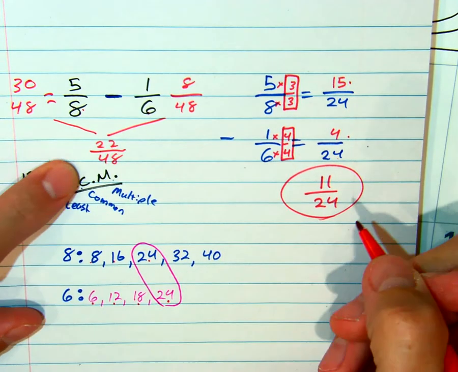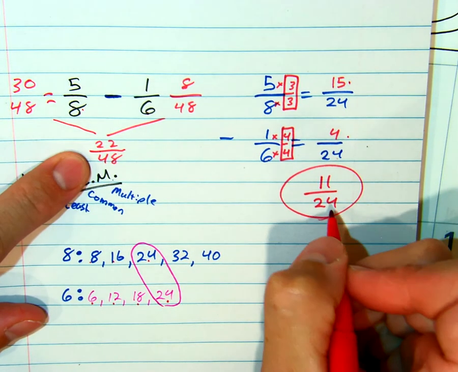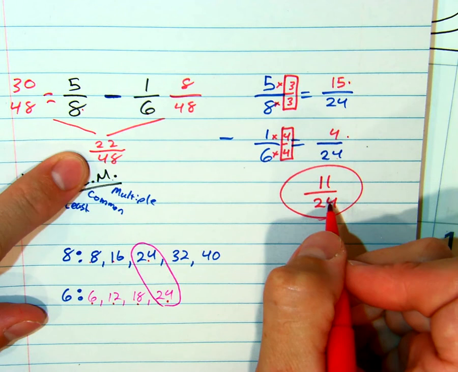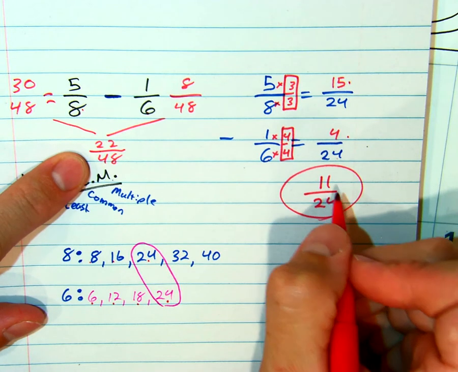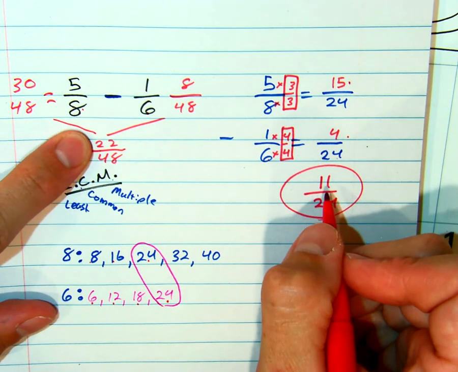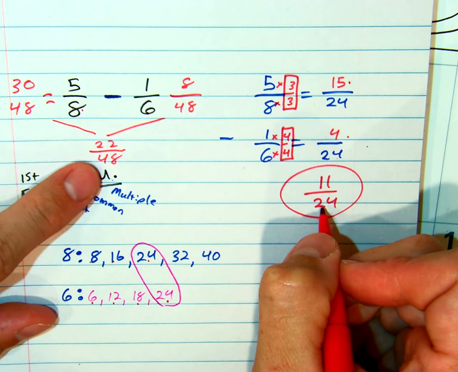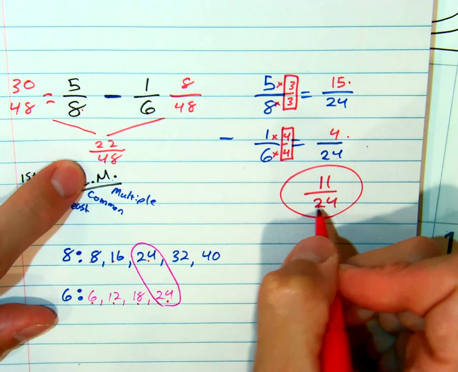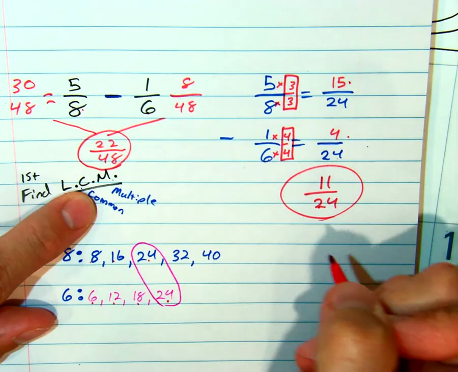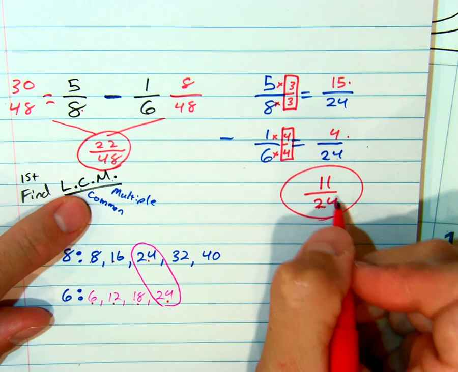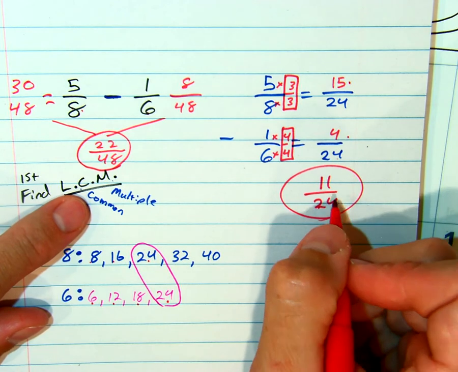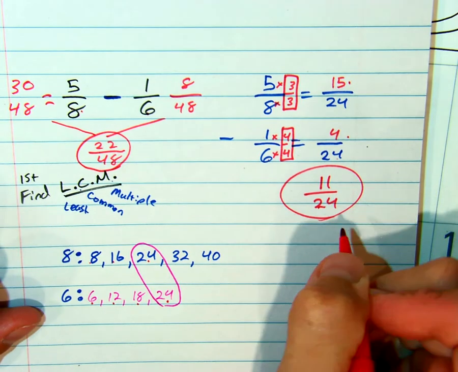Now, notice 22 48ths and 11 24ths, they are equivalent fractions. If you double 11, you get 22. If you double 24, you get 48. This is a correct answer, and this is a correct answer. This one is our smallest. So if we reduced it down to its smallest form, this is where we would get to.